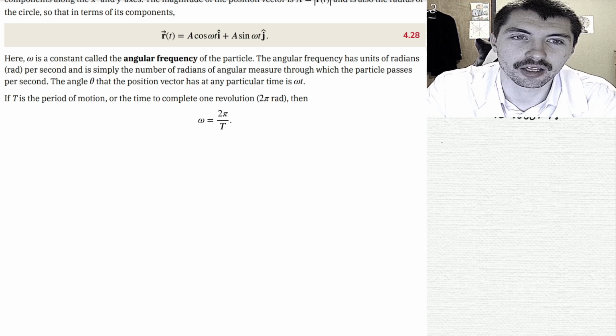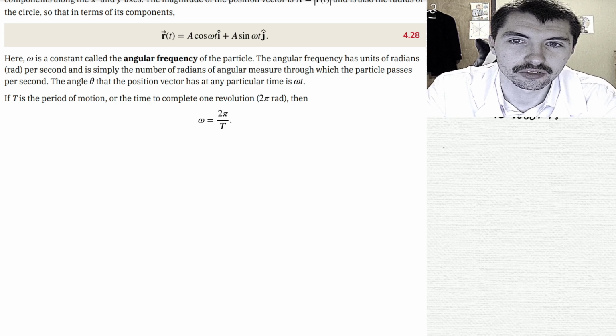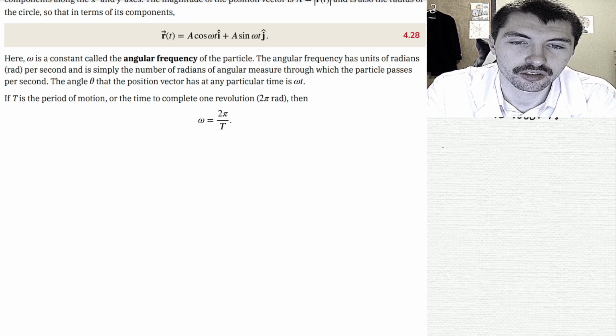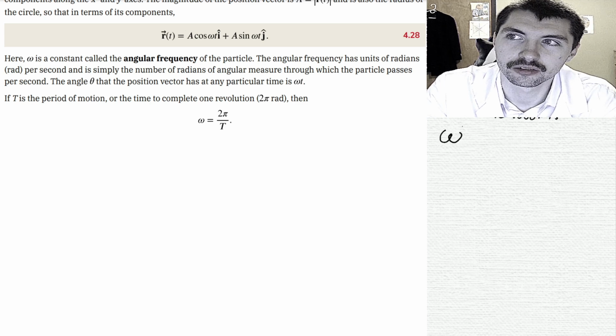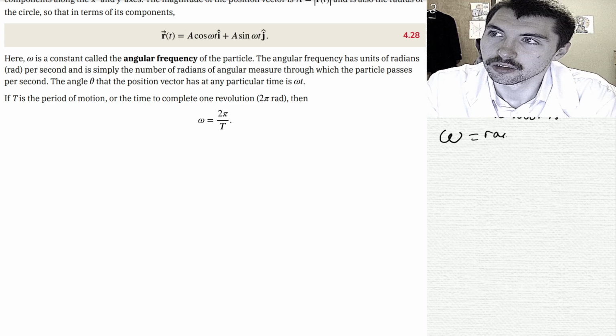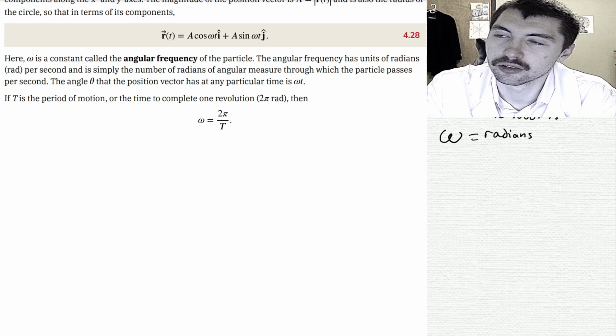Okay, so angular frequency. Radians. So omega is in radians.